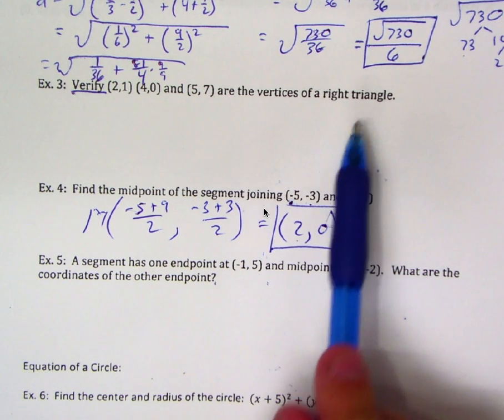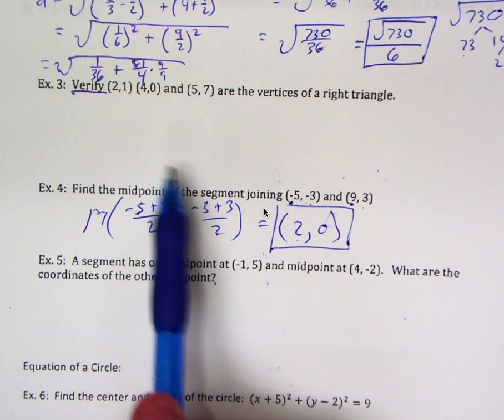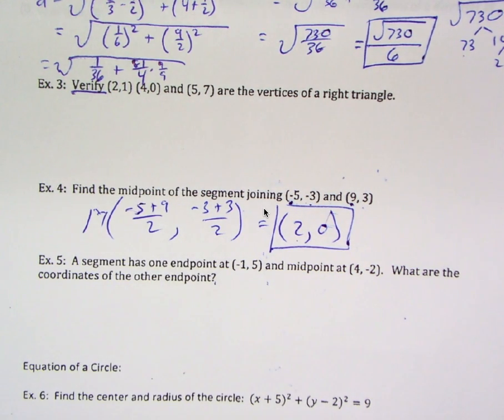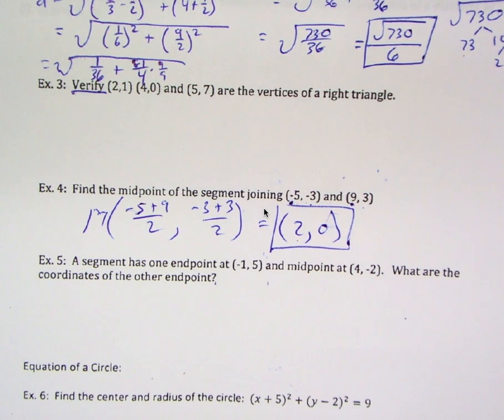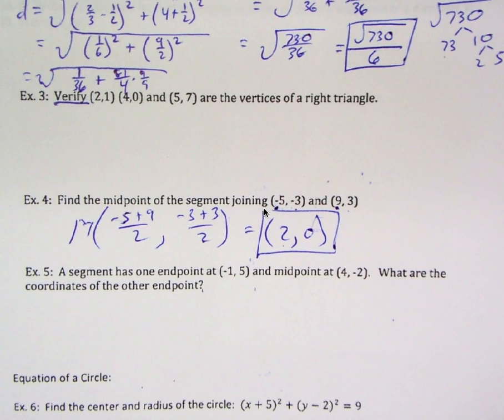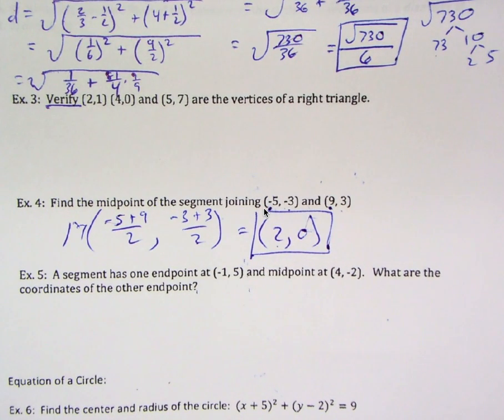Okay? Now you can't just plot them and then draw the triangle and say, look, there's a right angle there. It looks like a right angle. You can't just say, look, it looks like it is. We need to show mathematically that these form a right triangle, okay? And so now you need to think about, what do I have to do to prove something forms a right triangle? Anytime you're dealing with a right triangle, hopefully the Pythagorean theorem comes into your mind.